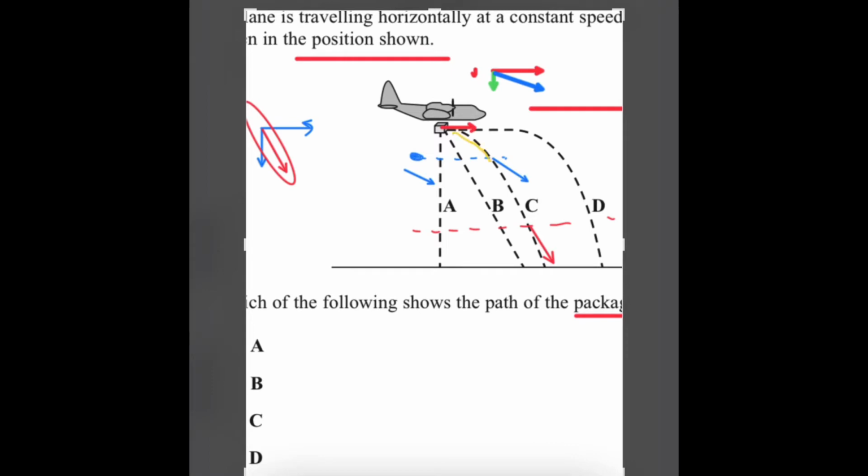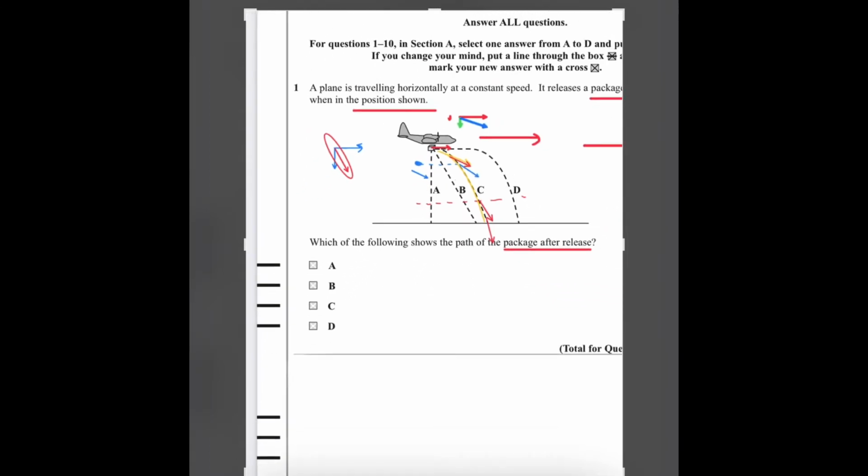So it is curved like this. Initially it has a higher horizontal component, and afterwards the horizontal component decreases and the vertical component increases. So from rightwards, it goes downwards like this. So the correct answer is C.